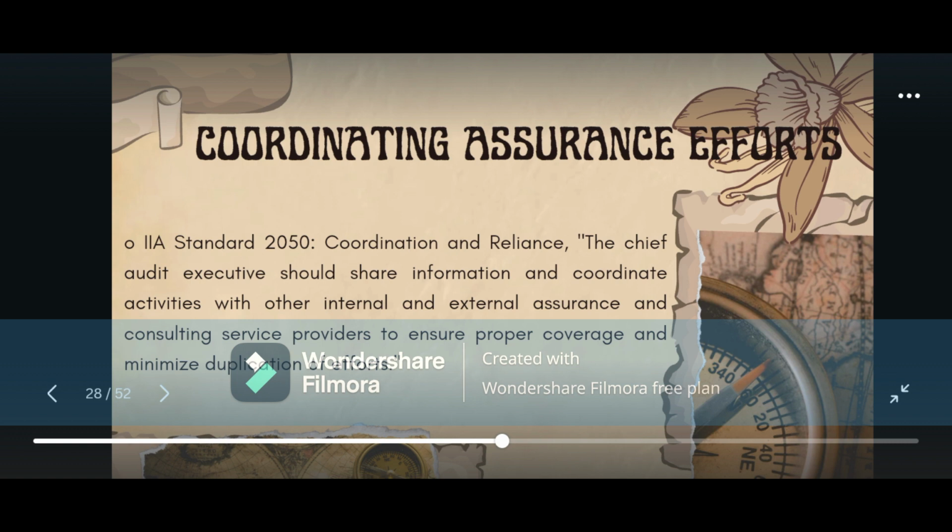In coordinating activities, the Chief Audit Executive may rely on the work of other assurance and consulting service providers. A consistent process for the basis of reliance should be established, and the Chief Audit Executive should consider the competency, objectivity, and due professional care of the assurance and consulting service providers.